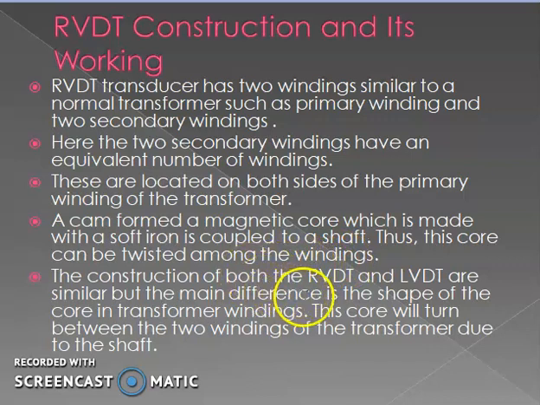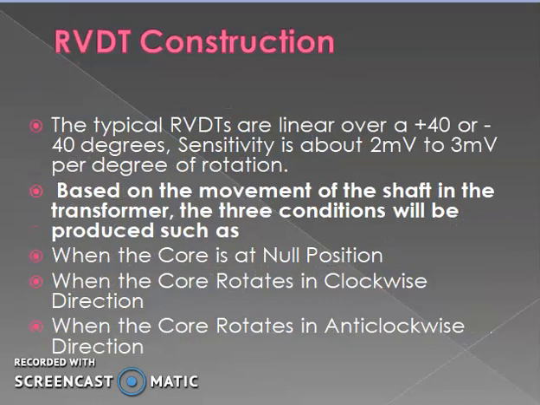The construction of RVDT and LVDT are similar, but the main difference is the shape of the core. Typical RVDTs are linear over plus or minus 40 degrees, and the sensitivity is about 2 millivolt to 3 millivolt per degree of rotation.